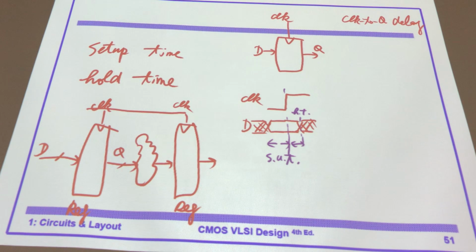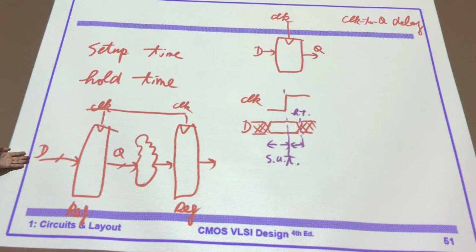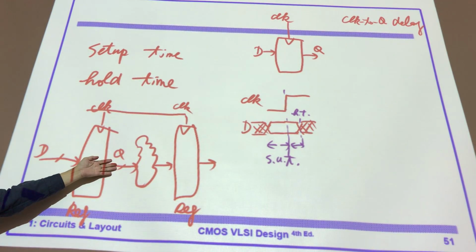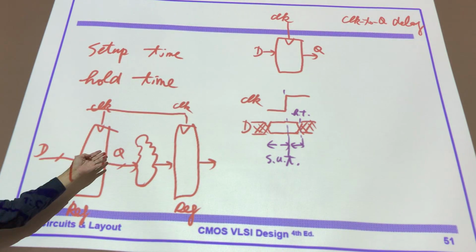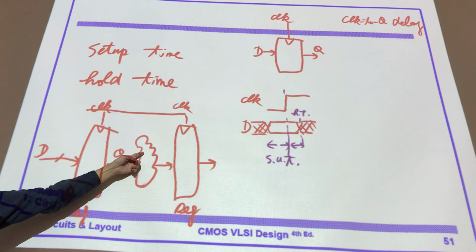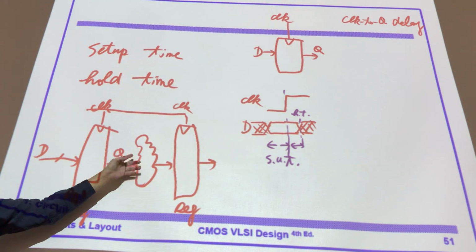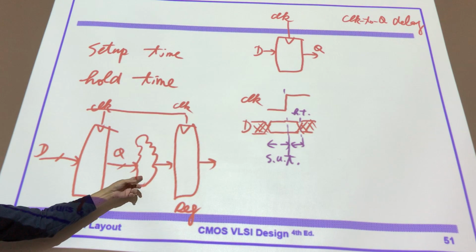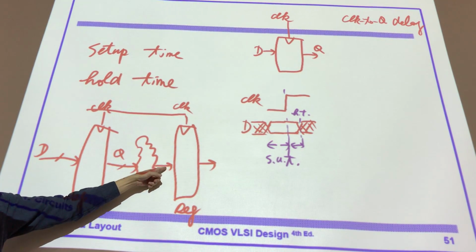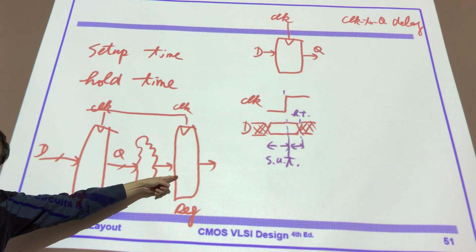So every clock cycle, data will update the Q. And during that clock period, Q will go into the cloud, maybe do some computation, and so on and so forth. And then after some delay, it reaches the input of this register.